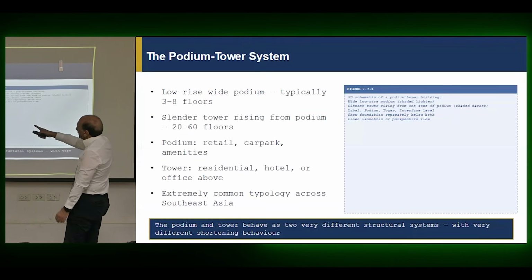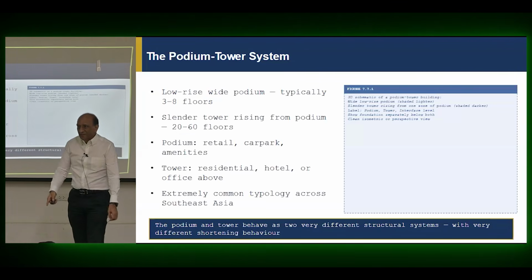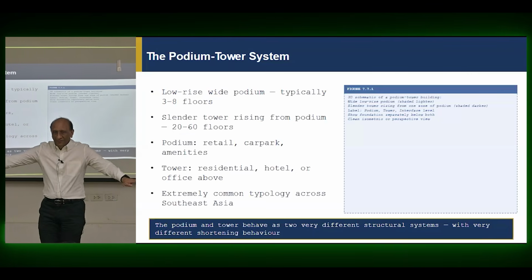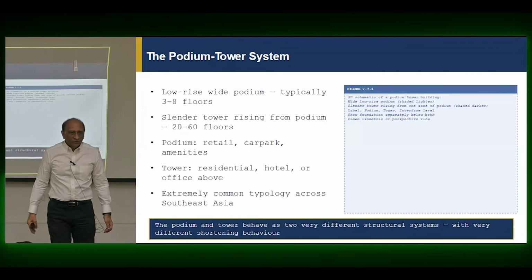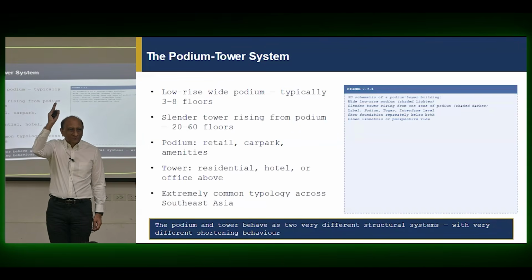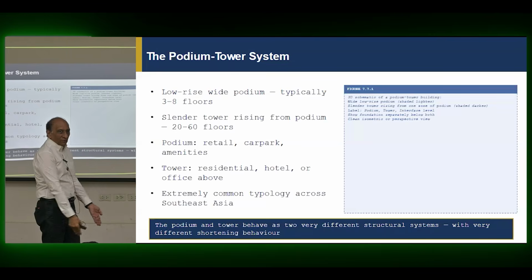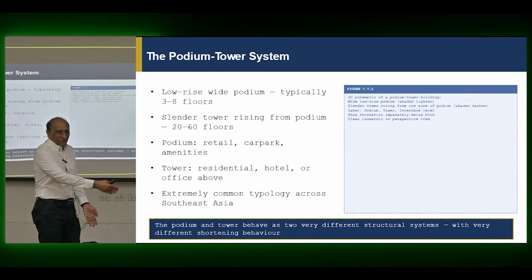So low rise, wide podium, typically 3 to 8 floors, with a slender tower rising from the podium, 20 to 60 floors. So suddenly on the same area, this is the 6th floor, and I step on this side, this is 60 floors. This is a common line. For me, I don't see anything because I'm walking in the shopping mall, right?